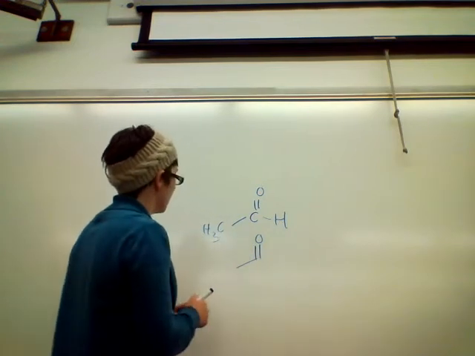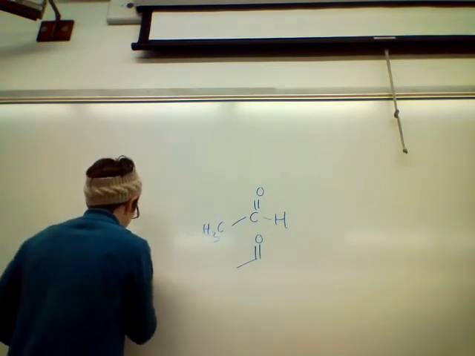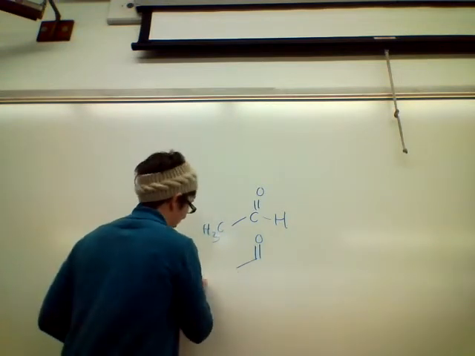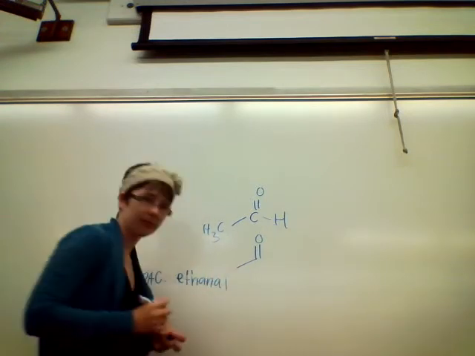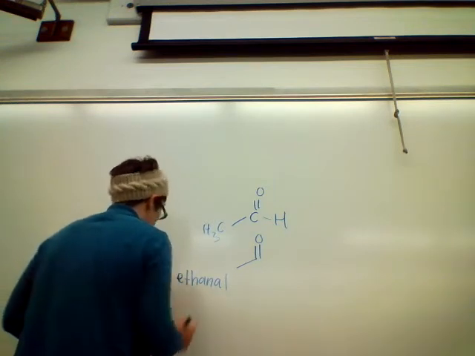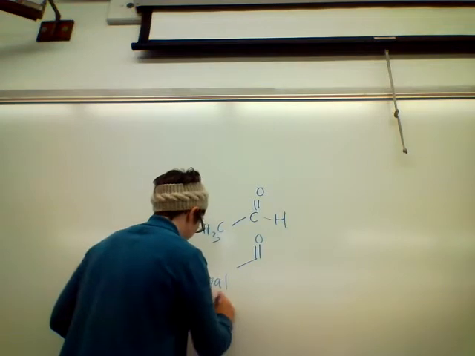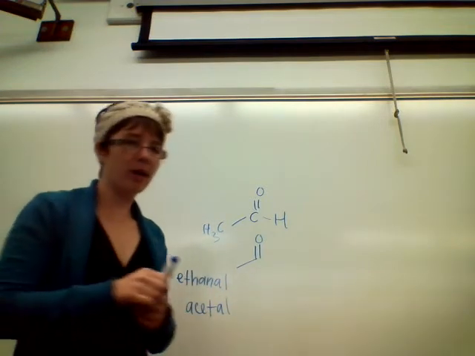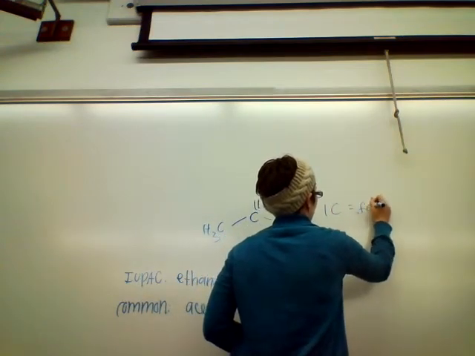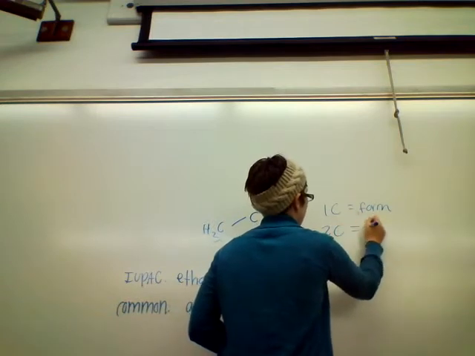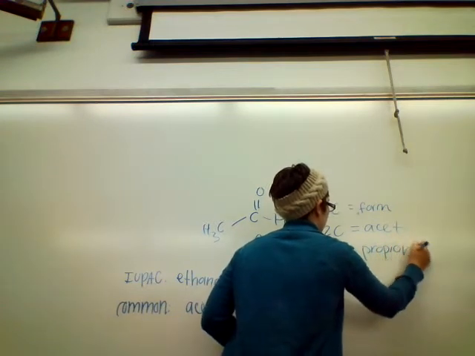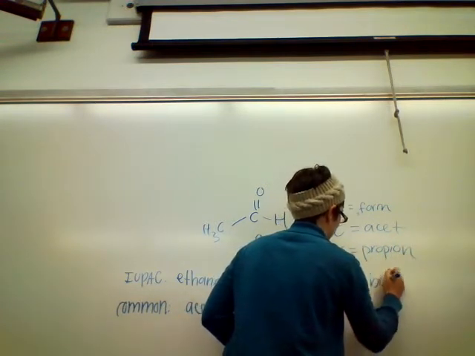If we were to name this structure in IUPAC, we would say this is ethanal. In common nomenclature, we would call this acetal, because as a reminder, our prefixes for common names: 1 carbon equals form, 2 carbons equals acet, 3 carbons is propion, and 4 carbons is butyr.